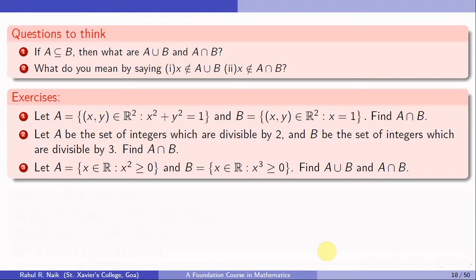And B is the set of all points (x, y) in R2 with the property that x is equal to 1. So this is in fact the straight line x equal to 1, which is parallel to the y-axis, right? So the question is: find A intersection B.